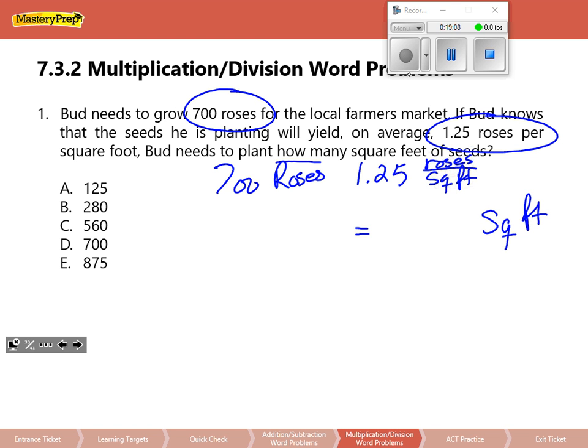Well, we would need 1 over roses, so it would be 1.25 divided by 700, which should give us our 560, I believe. No, it's the other way around. 700 divided by 1.25.